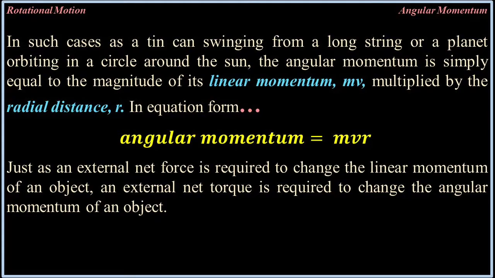In such cases as a tin can swinging from a long string or a planet orbiting in a circle around the sun, the angular momentum is simply equal to the magnitude of its linear momentum mv multiplied by the radial distance r. In equation form, angular momentum is equal to mvr. Just as an external net force is required to change the linear momentum of an object, an external net torque is required to change the angular momentum of an object.